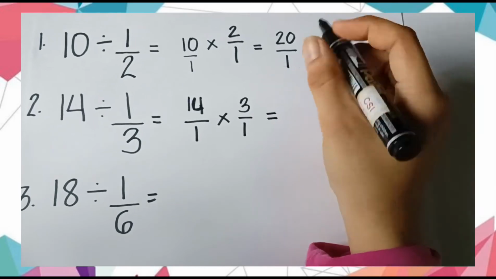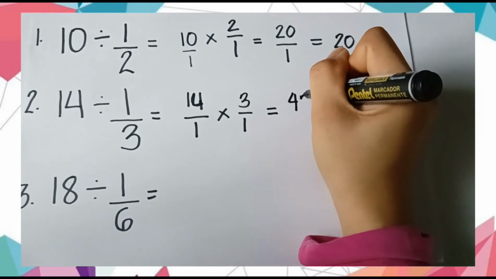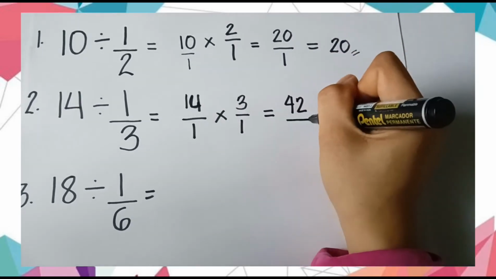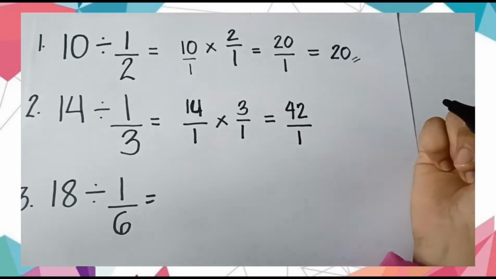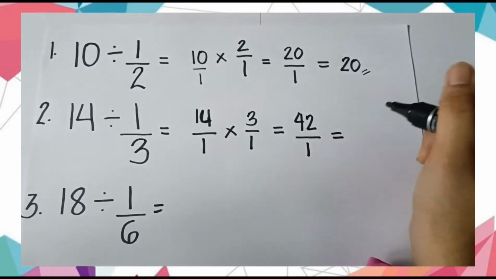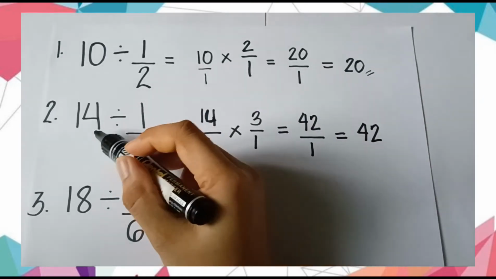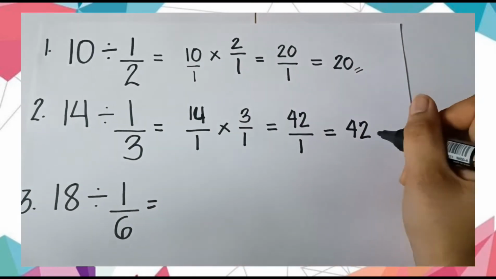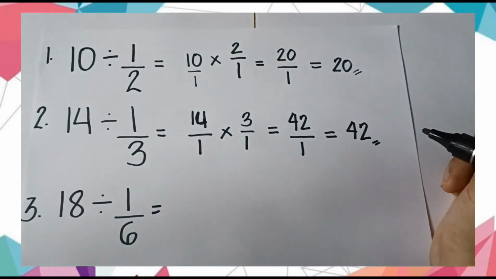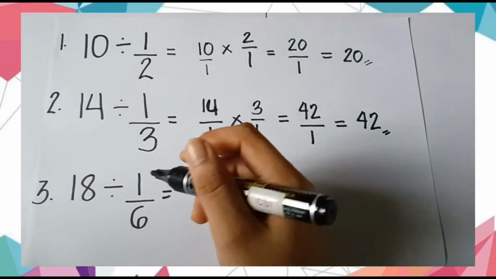We multiply 14 times 3, that is equal to 42, and 1 times 1 is equal to 1. And then 42 divided by 1 is equal to 42. So 14 divided by 1/3 is equal to 42.